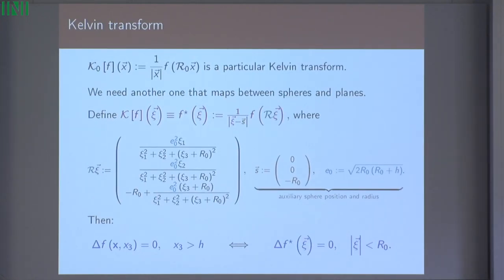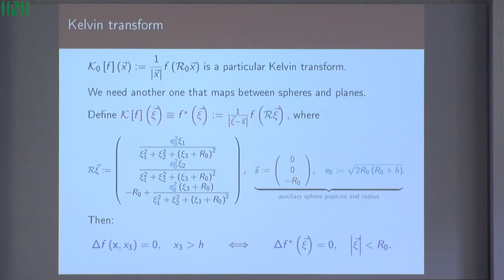We need something more different. We need to map the horizontal plane onto the sphere, and this can be done by a slight modification. Essentially we will be reflecting the data with respect to some auxiliary sphere, and this auxiliary sphere will have this position of the center and this radius.